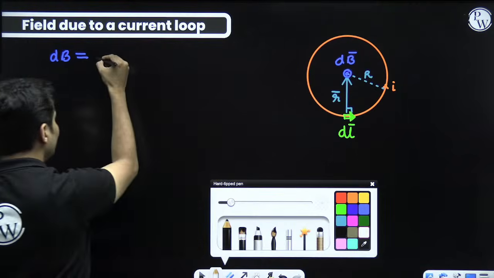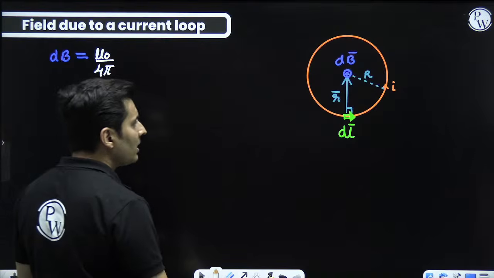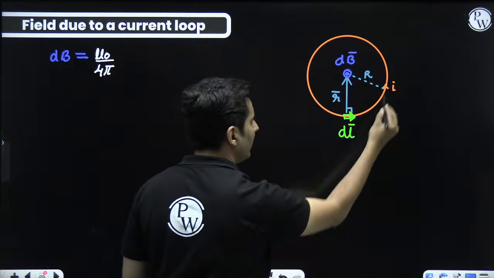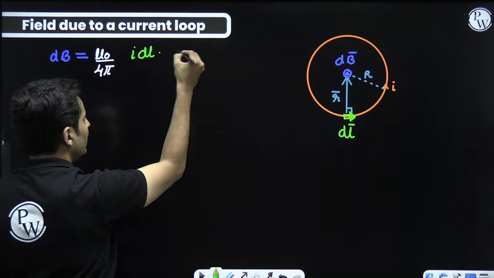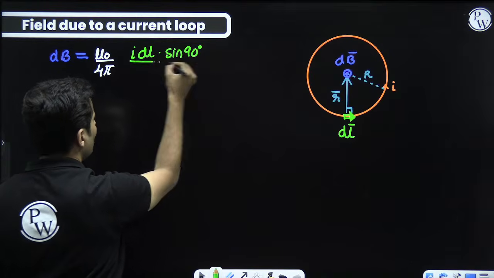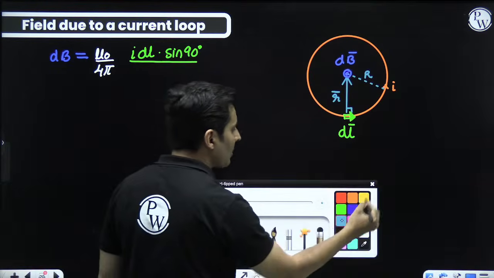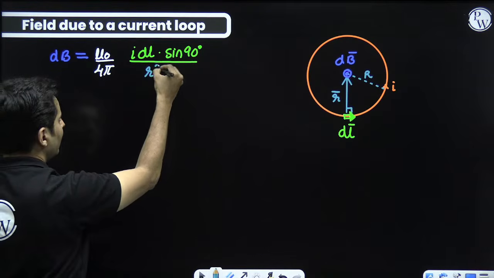So my dB will be mu naught divided by 4 pi, current into dL, current and dL as it is, nothing changes over there, into sine of theta, here it will be sine of 90 degrees, whole thing divided by the distance square, so basically r square.